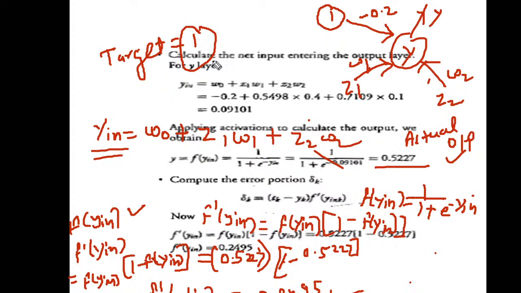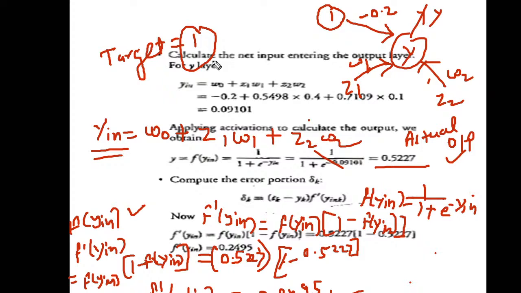Now the first phase is over. The first phase is the feed forward phase. In the feed forward phase, we applied the input, calculated the total input at z, the hidden neuron, then the output of the hidden neurons, then the total net input at the output neuron, and then the total output of that particular output neuron.